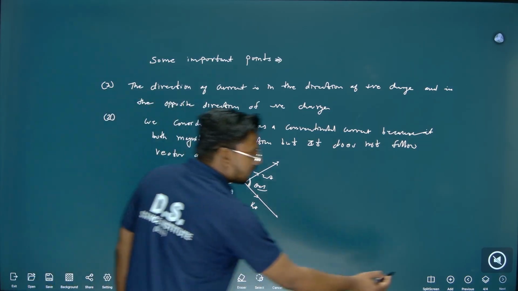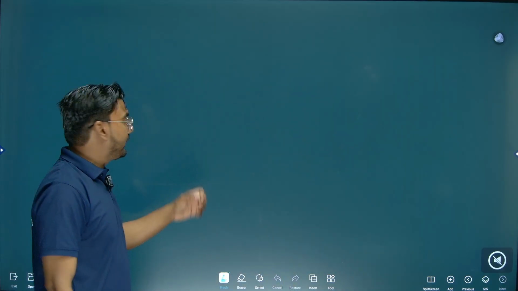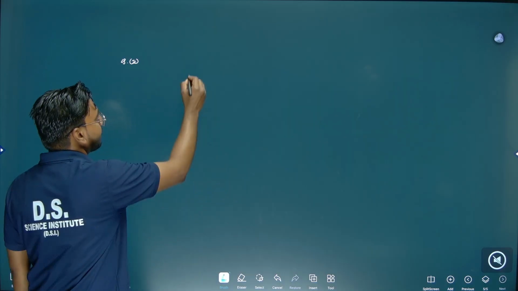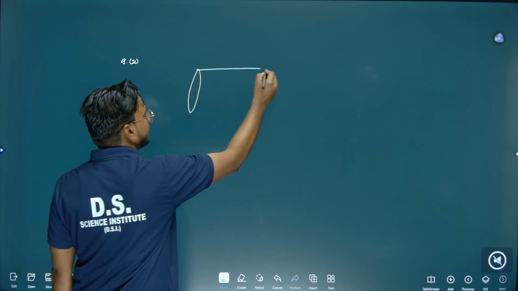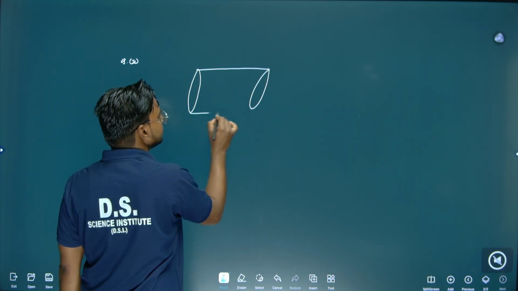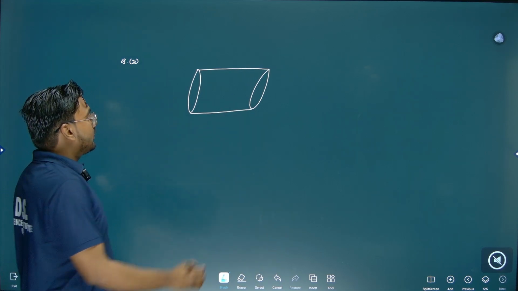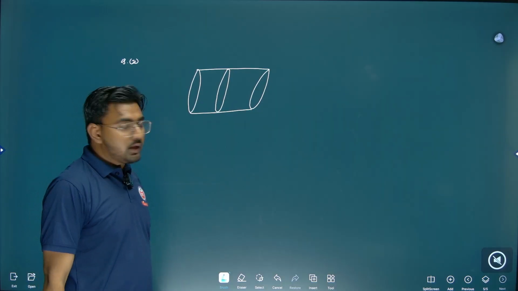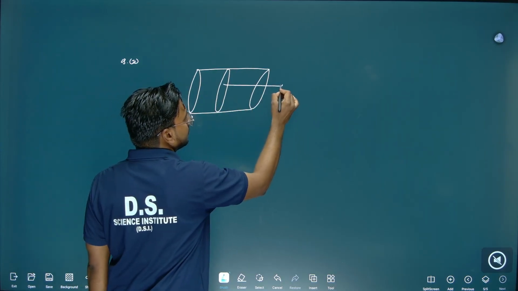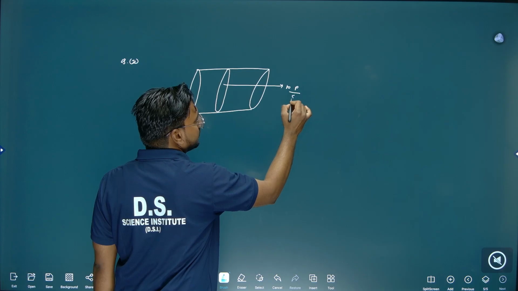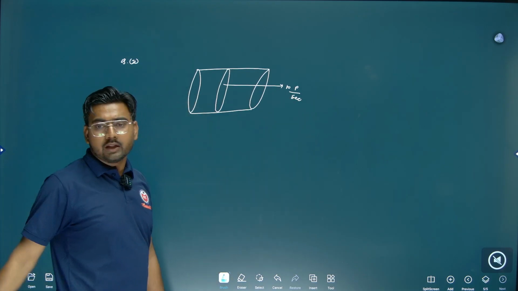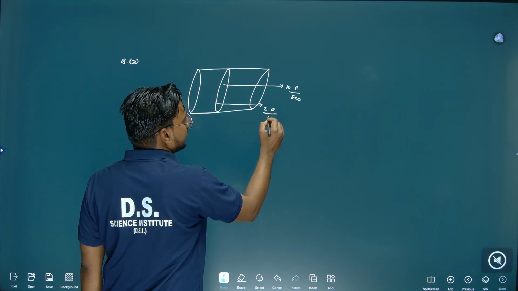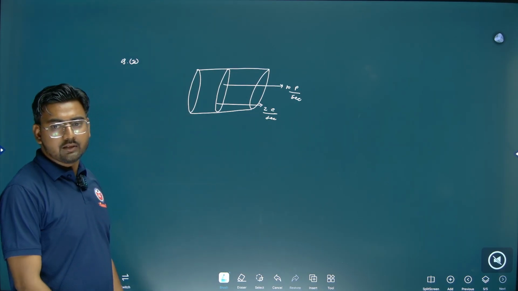So we are going to discuss numericals on this topic. First one, suppose we have a conductor with a cross section, and in this cross section 10 protons per second are flowing in the right direction and 2 electrons per second are also flowing in the right direction.